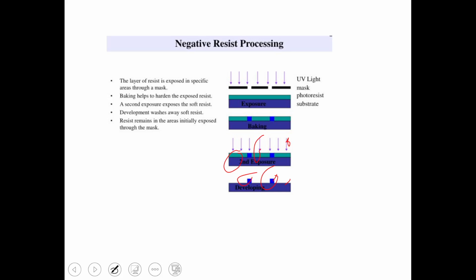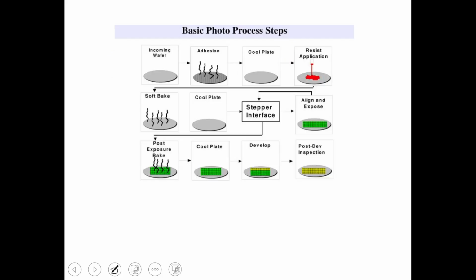So next, the basic photoresist process steps. You can see that we have the vapor prime, then the adhesion, then the cool plate. Then resist application, where we have to deposit the resist. Then we have to soft bake that resist.